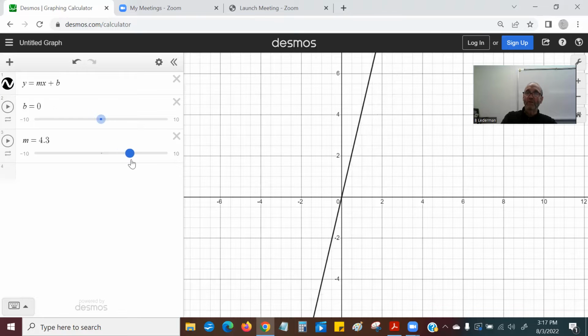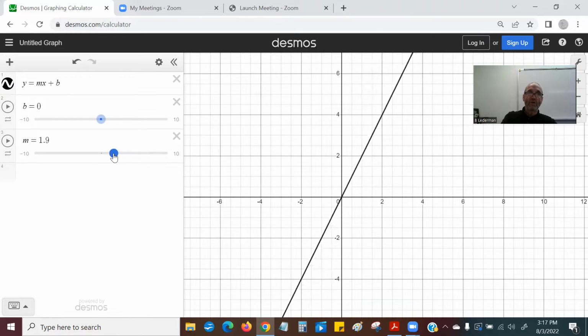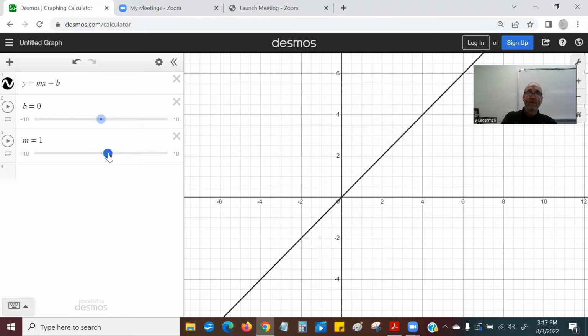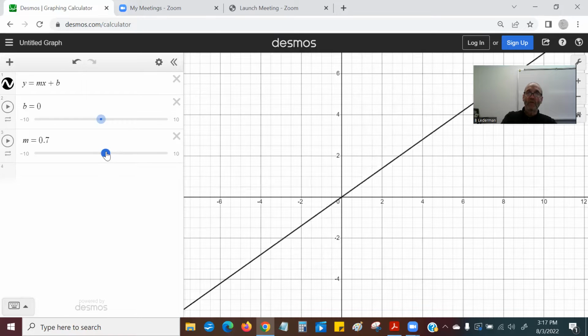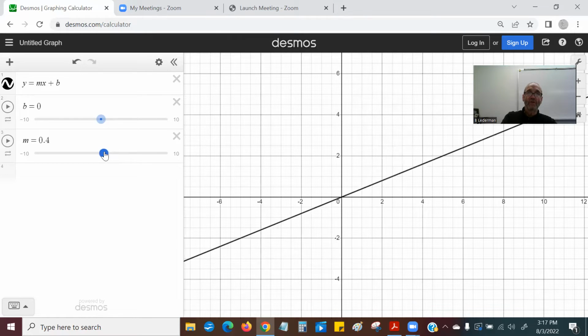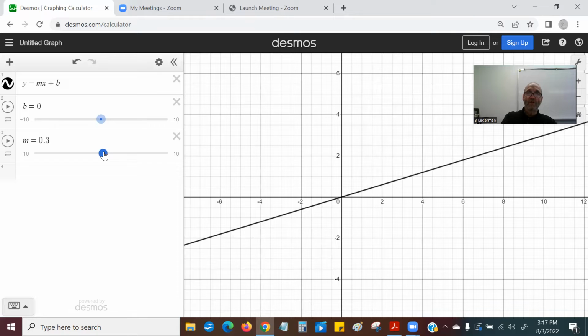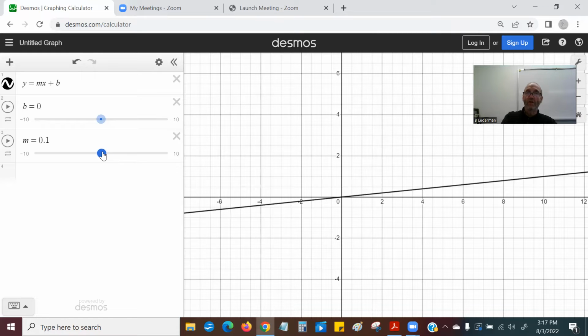It's increasing, but it's increasing more steeply. If m gets smaller, 0.8, 0.6, 0.4, 0.3, you see what I'm saying? As the slope gets smaller, the line gets more shallow. It's a more shallow hill.